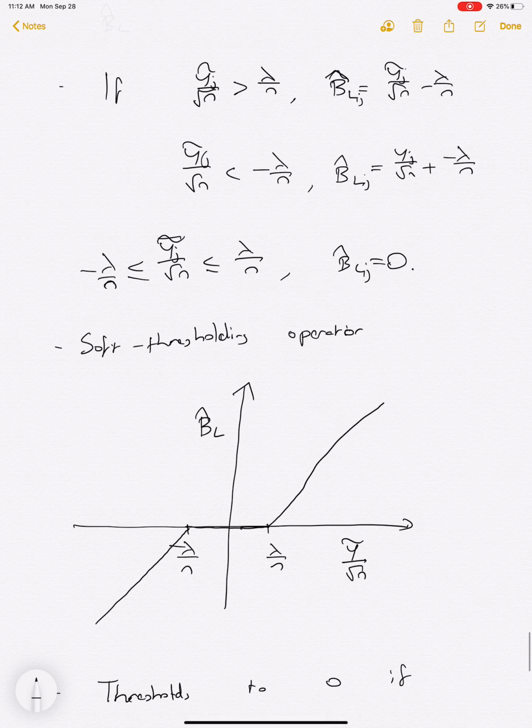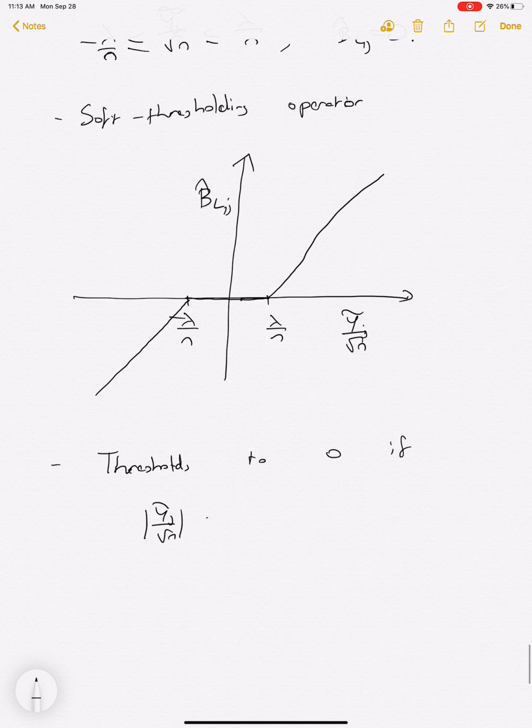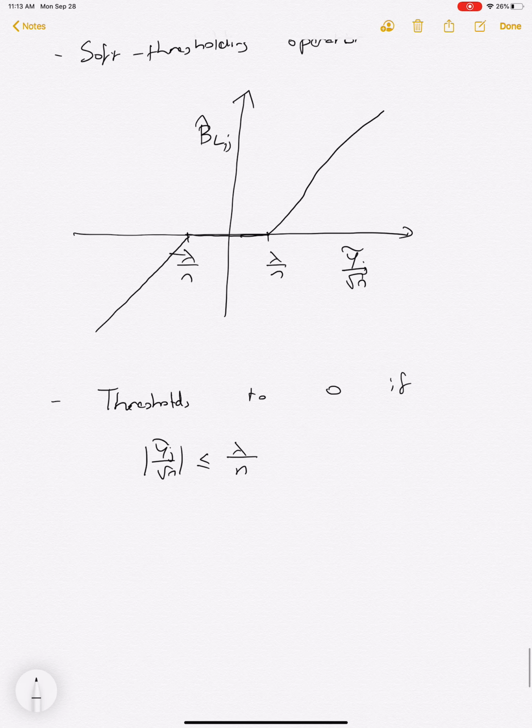Okay, so if y hat j is less than or equal to lambda over n in absolute value, then set b hat lj equal to 0.